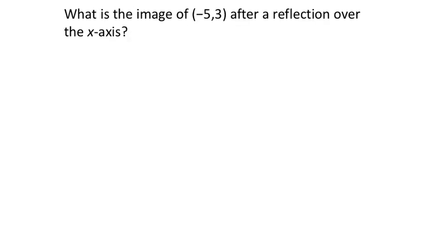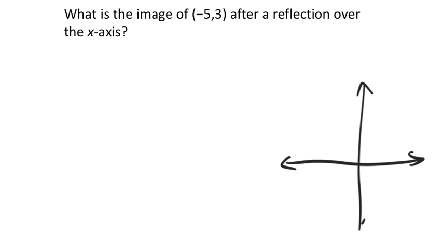What is the image of negative 5,3 after a reflection over the x-axis? Good question. Now, it may be helpful to see how this is going to work. So we have an x-axis and a y-axis there. Negative 5,3, the ordered pair, would be somewhere around here. Now, if we're reflecting this over the x-axis, which is the horizontal axis here, that is going to be our line of reflection.